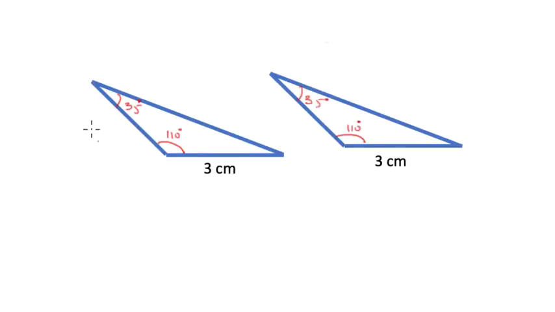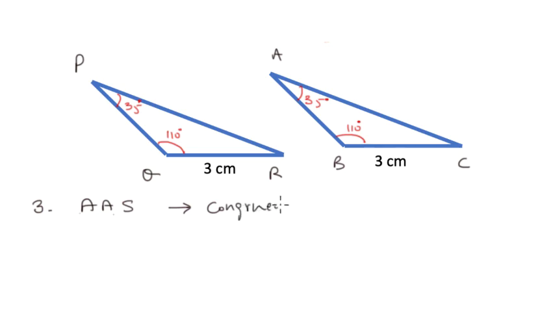Now consider another scenario in which we are given two triangles PQR and triangle ABC. In this, one of the dimensions and two angles between those two triangles are the same. That gives us a clue to the third criteria: if we define angle, angle and side between two triangles to be the same, then those two triangles will be congruent.